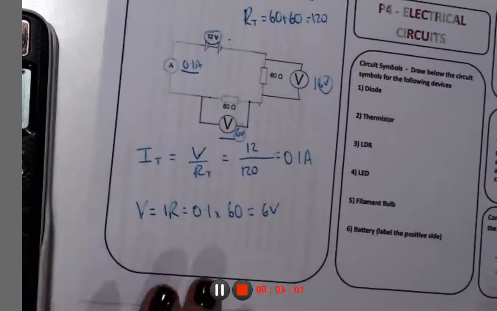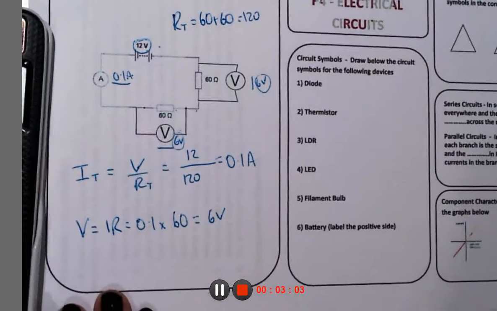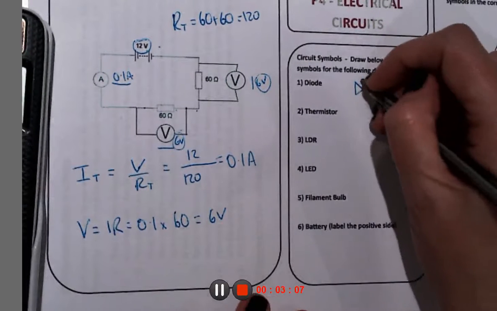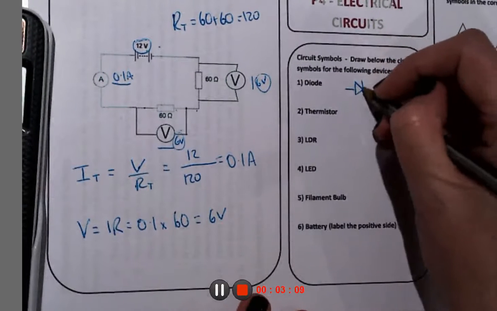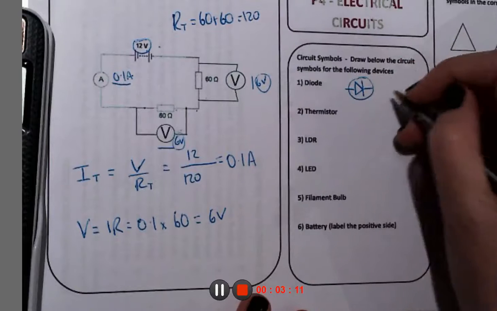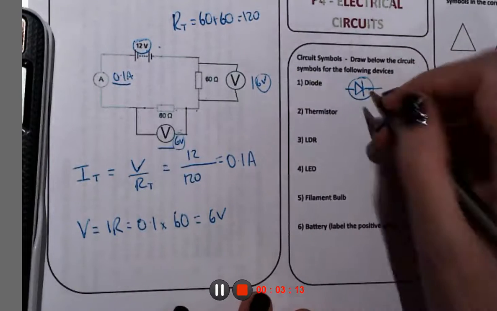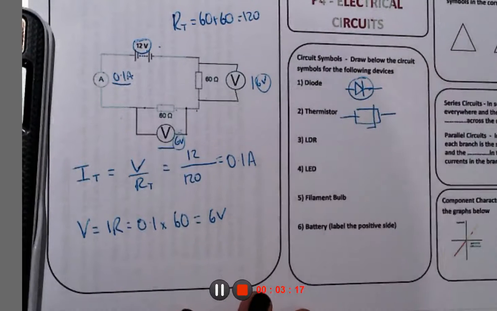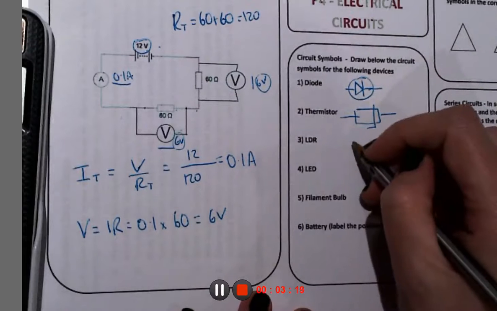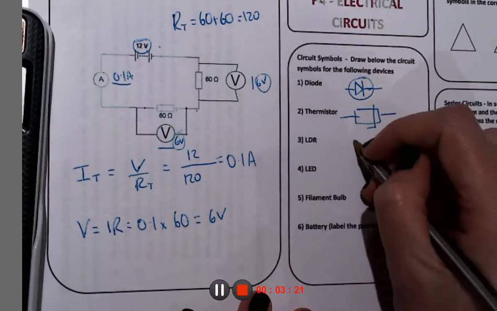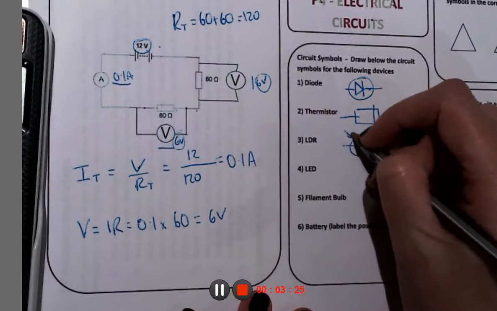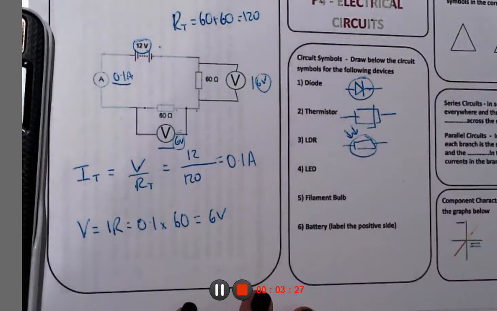Right, let's have a little look at this bit. Circuit symbols. Draw below the symbols for the following devices. So we've got a diode, which is an arrow with a line on one side and a circle. We've got a thermistor, which is a resistor with a line through it. We've got an LDR, a light dependent resistor, so the light shines on it with the two arrows.